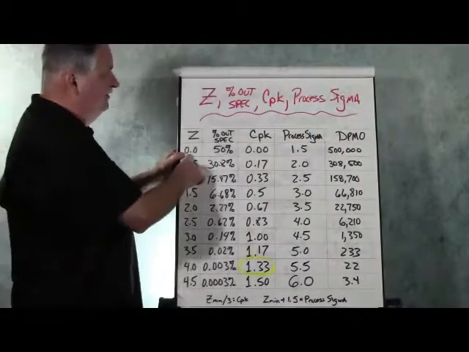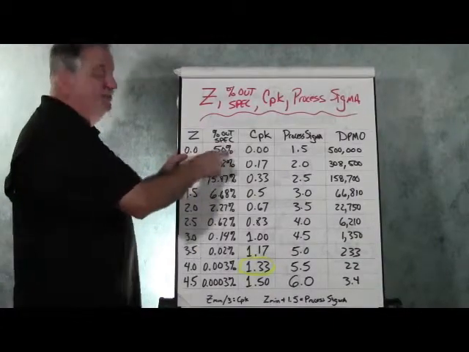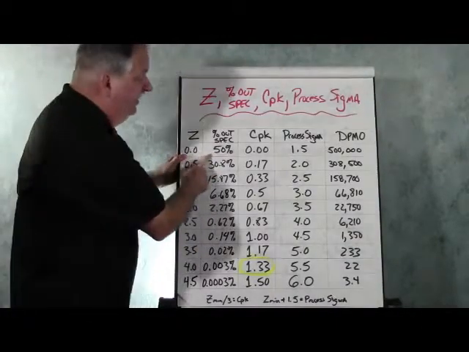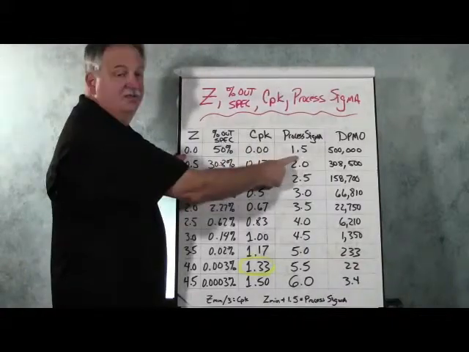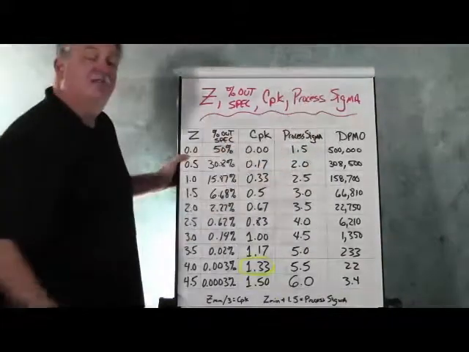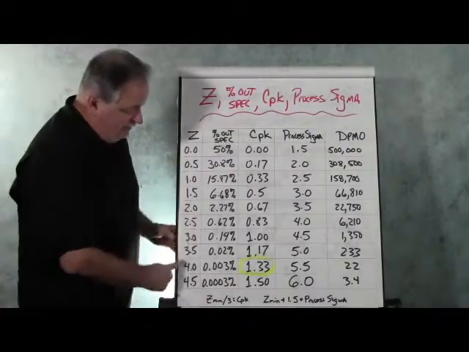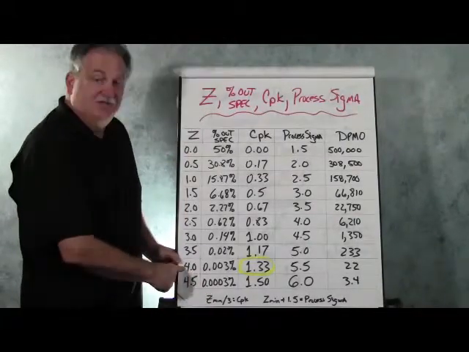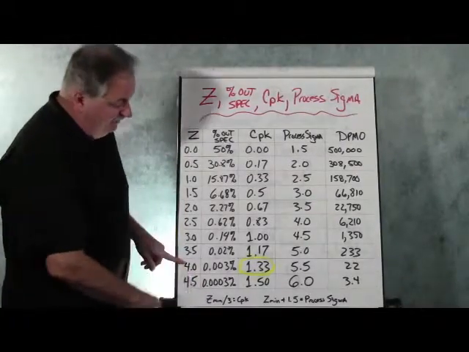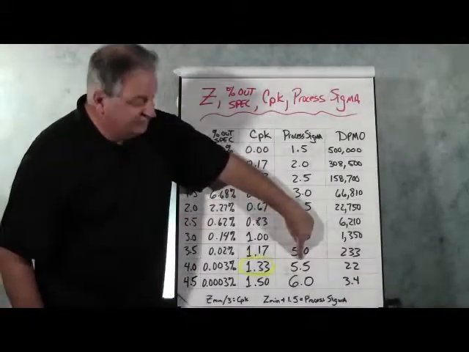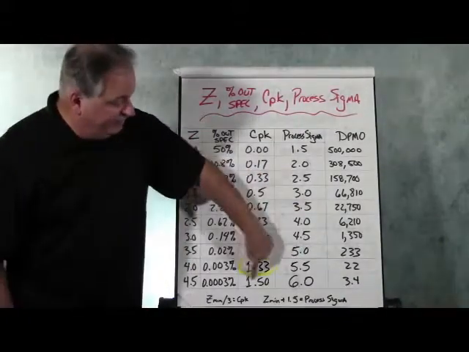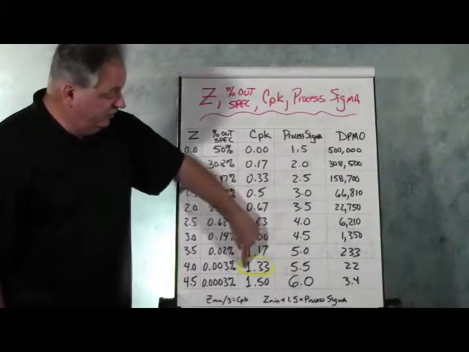So if we're at a z-value of 0, 50% of our distribution is outside the specification. Our CPK is 0, our process sigma is 1.5, and we've got 500,000 defects per million opportunities. Now if I get down here to a z-statistic of 4, that's a process sigma of 5.5, that's our magic 1.33 number.